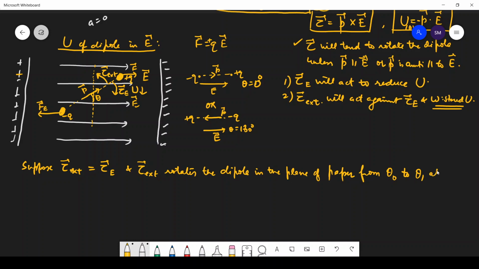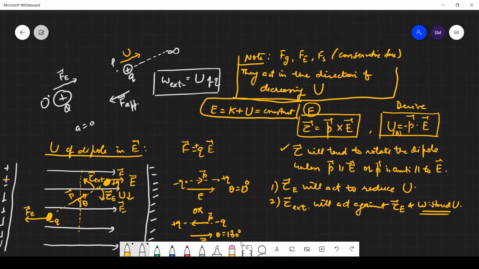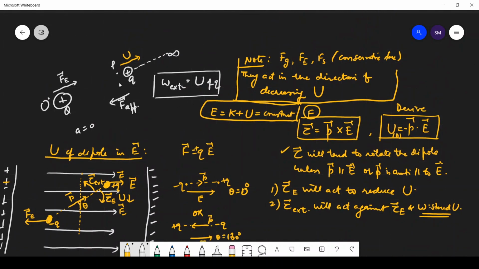At the same condition, students, infinitesimal. So here also I was bringing it at infinitesimally small speed such that acceleration was 0. And even if you have a ball on the ground and you are raising this ball to height h, you need to raise it with infinitesimally slow speed.